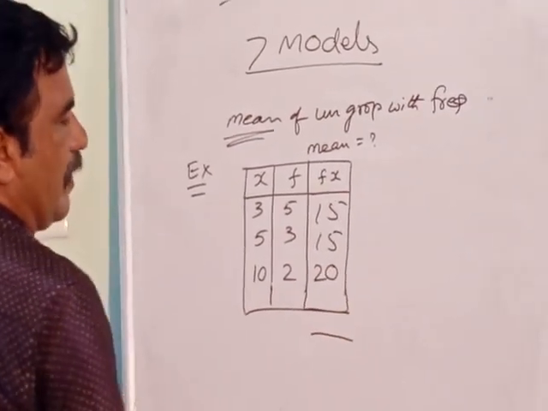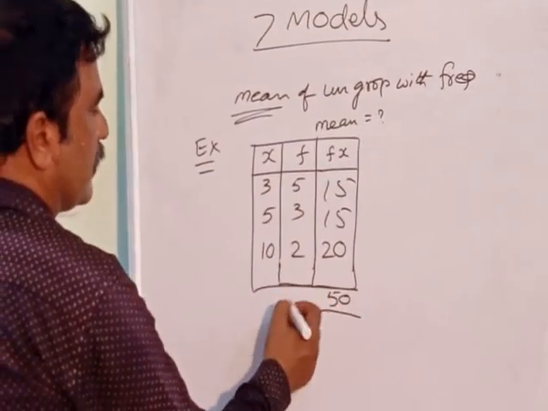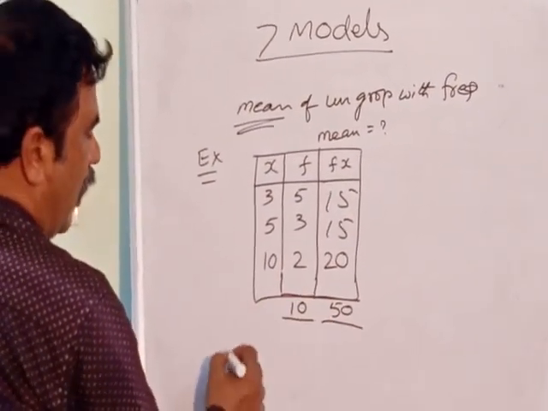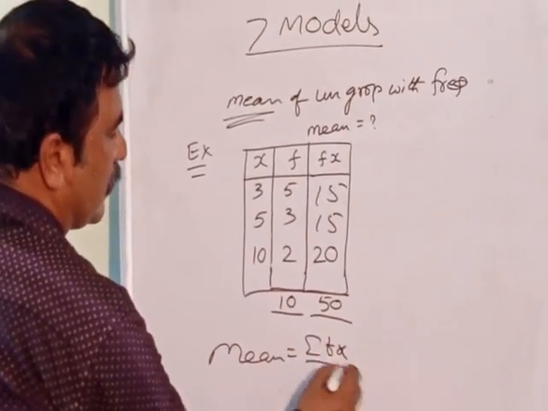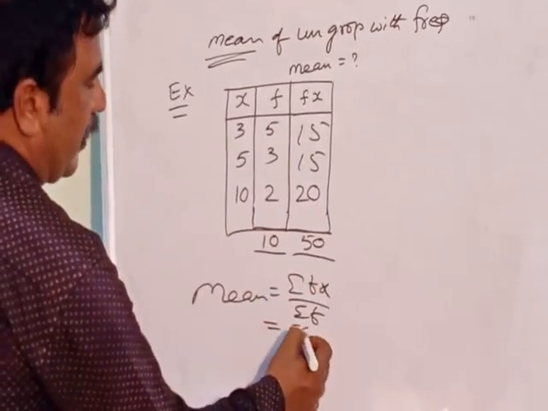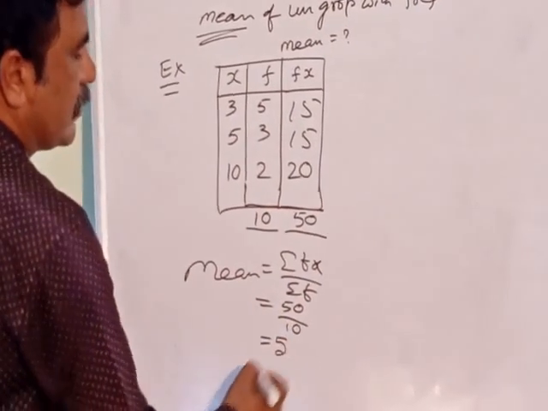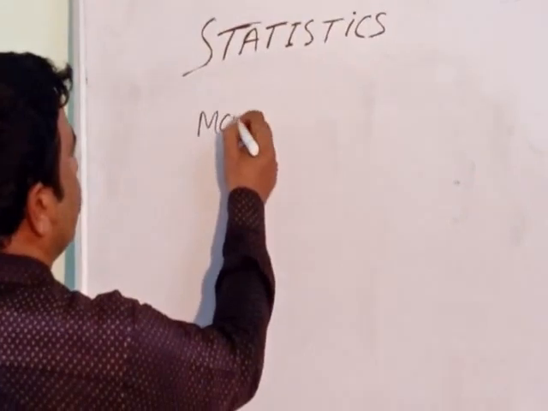Total fx is 50. Total frequency is 10. Now mean is equal to sigma fx by sigma f. Sigma fx is 50, sigma f is 10. Simplify, answer is 5.